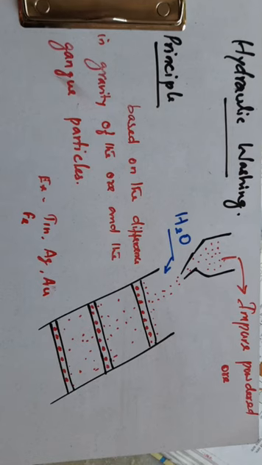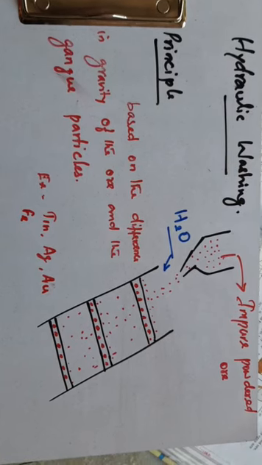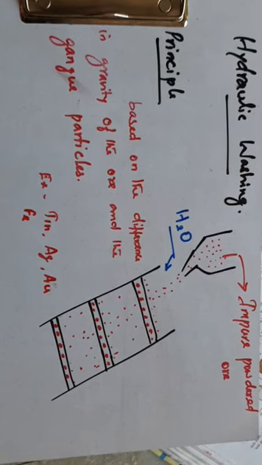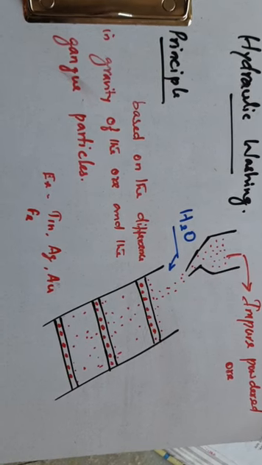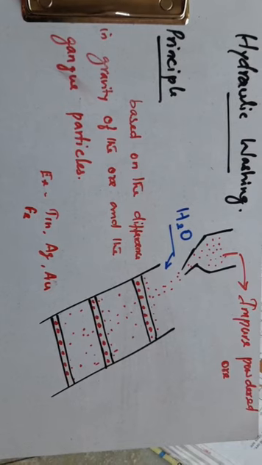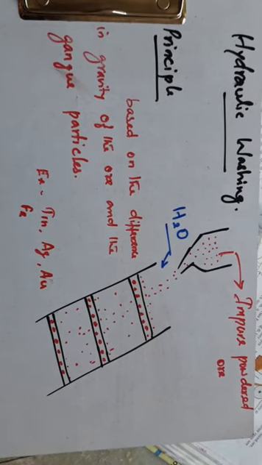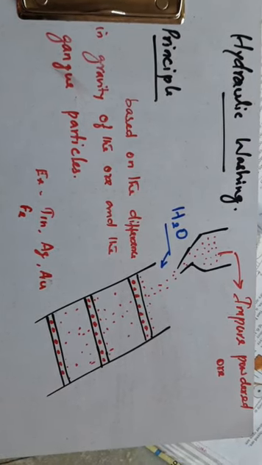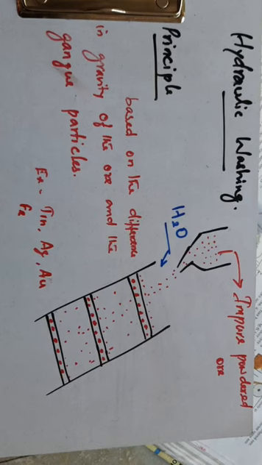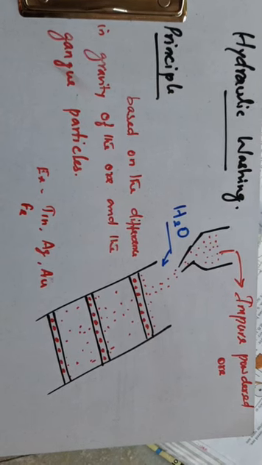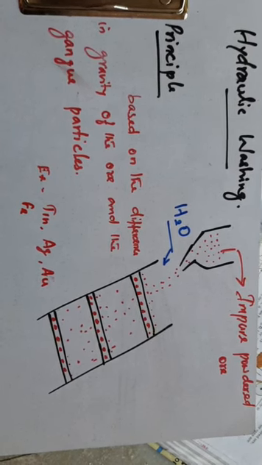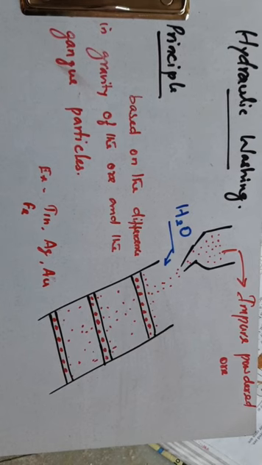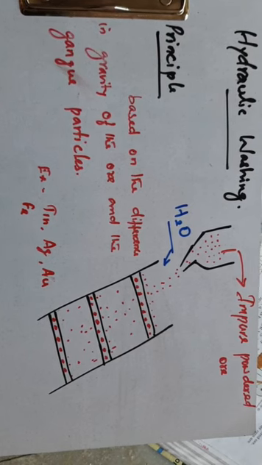The name itself represents hydraulic washing, which means the impure ore particles are washed using water. What principle is used here? It is based on the difference in gravity of the ore and the gangue particles, because the heavier ores are present in lighter gangue particles.